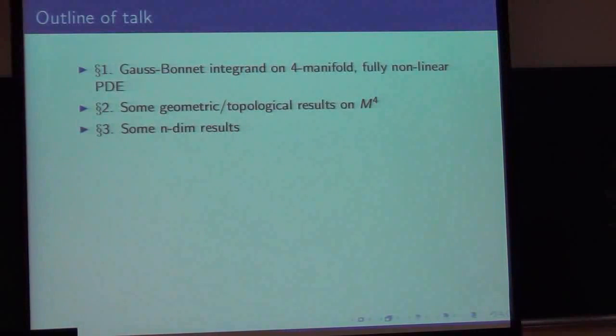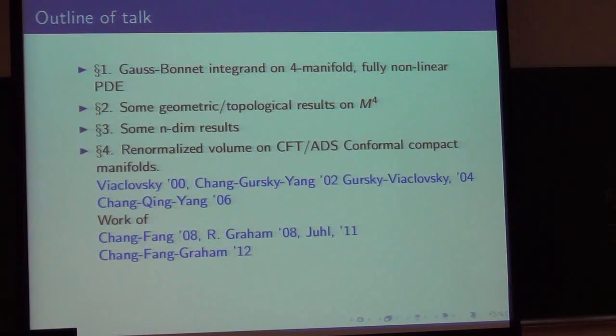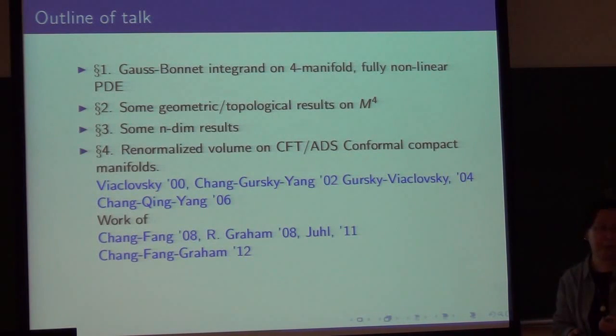And then I will talk a little bit about n-dimensional results, very partial results. This concept of conformal invariant of the highest order, the nth order conformal invariant in n dimension, is very related to conformal field theory, in particular a concept called renormalized volume in high dimension.